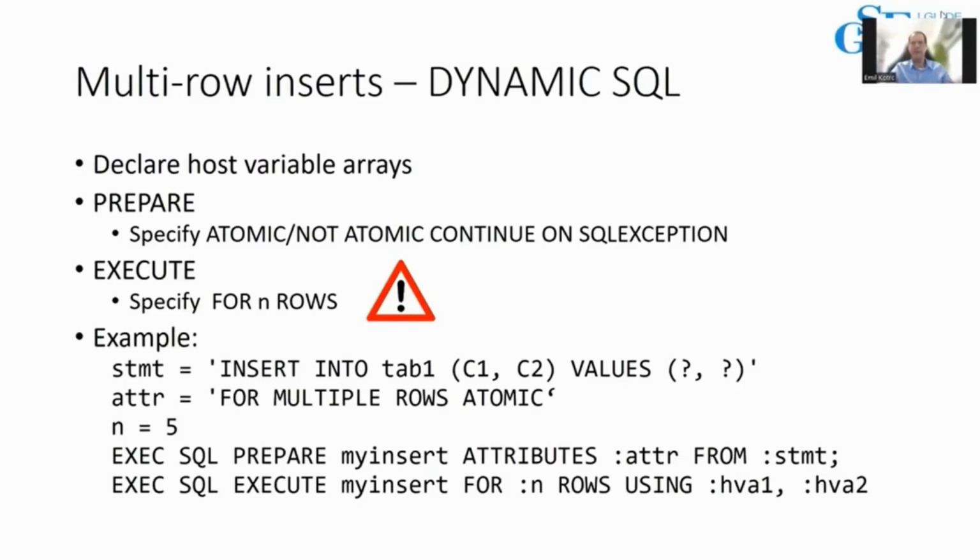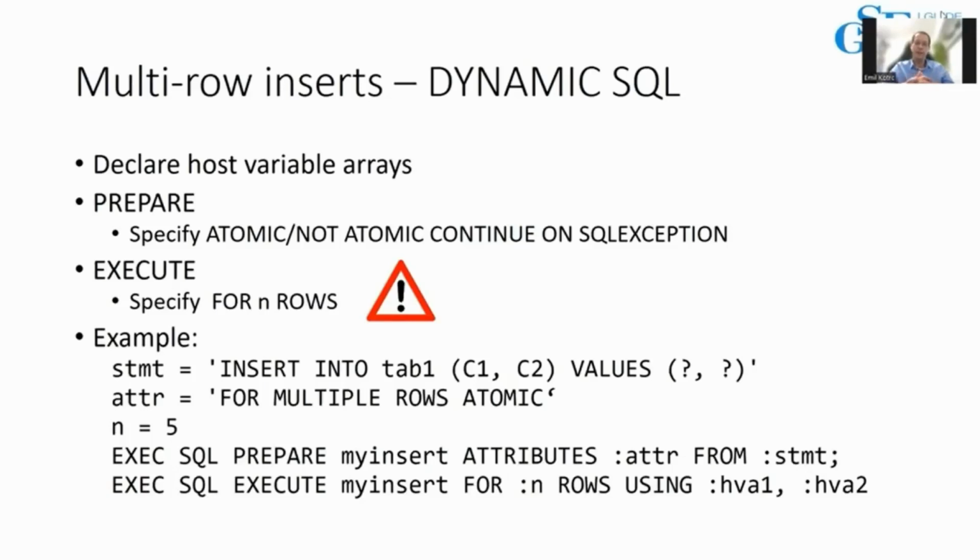The example is here. I have my dynamic statement, so as you can see, I have the statement equal to INSERT INTO table VALUES with parameter markers. Then I have the attribute for multiple rows, ATOMIC, and I specify the number of rows, which in my case is 5. Then I execute SQL PREPARE, and that's where I specify the statement, FROM, and the attributes saying that it's a multi-row insert.